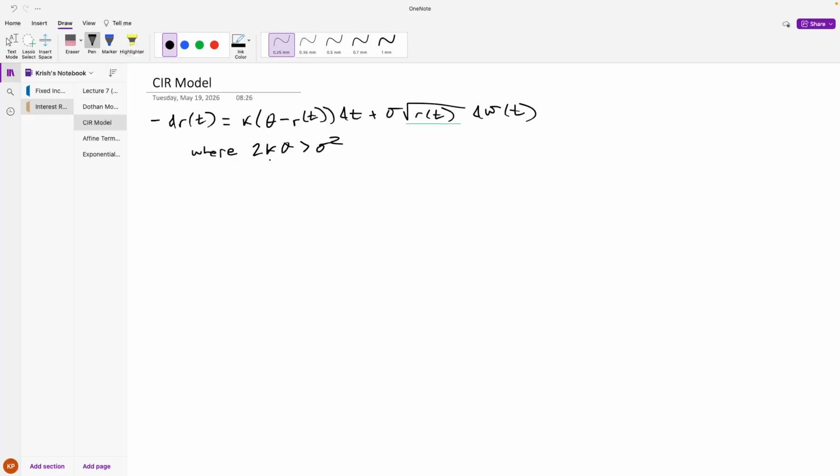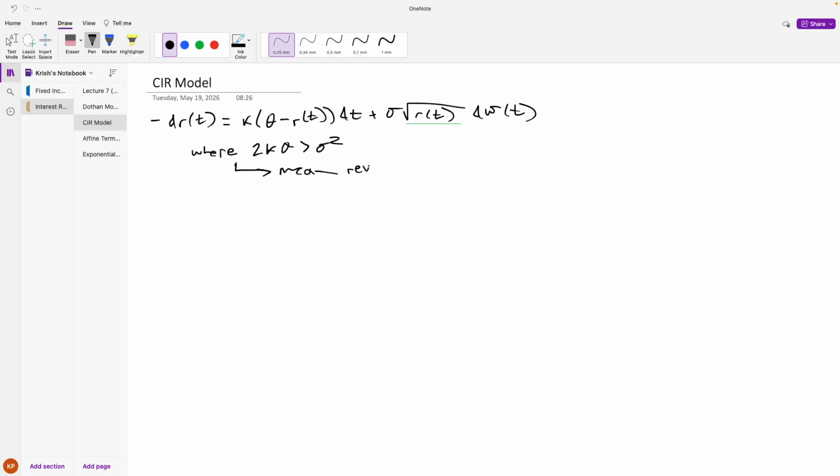And so that's what this property is for. Essentially what it makes sure to do is that the parameters have to be chosen such that the mean reversion force away from 0 is stronger than random volatility pushing it around. Probably have to write that out.